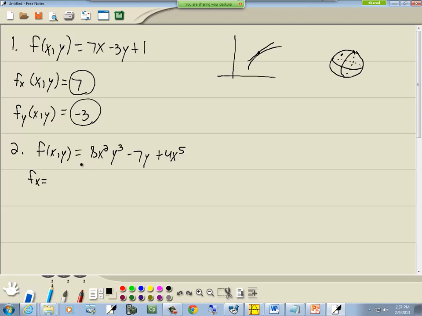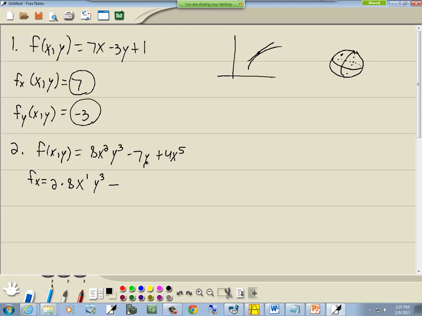Normally this would be like the product rule, not difficult, but a little bit more than just writing the answer down. But since we're treating this like a constant, the 8 and the y to the third just stay there, and I take the derivative of the x squared. So 2 goes out in front, and then we lower our power by 1, and the y to the third stays there. So the 8 stayed there, the y to the third stayed there, I just took the derivative of the x squared.